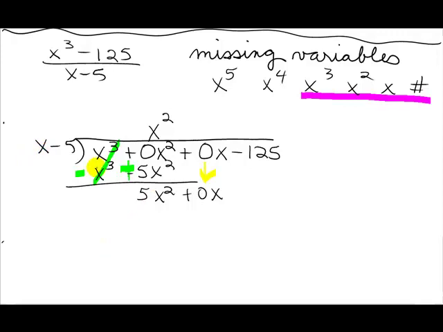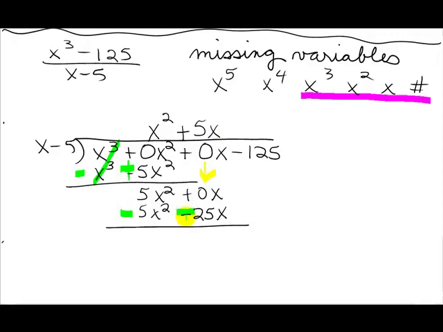What do I multiply times x to get 5x squared? It's going to be a positive 5x. Notice the squares are lining up, the x's are lining up. Multiply. 5x times x is 5x squared. 5x times a negative 5 is negative 25x. Then we want to subtract.